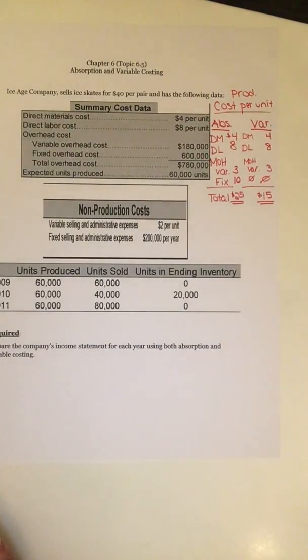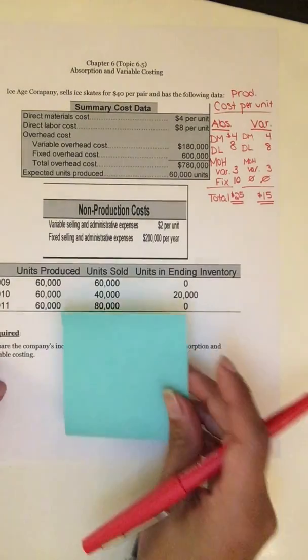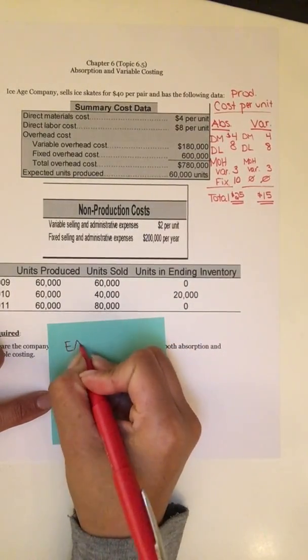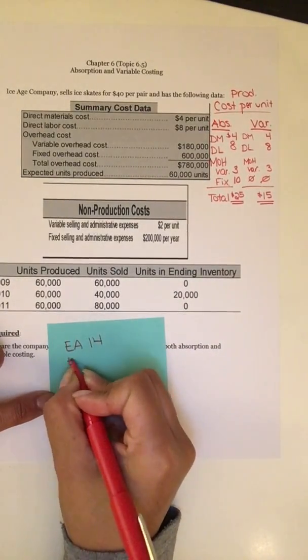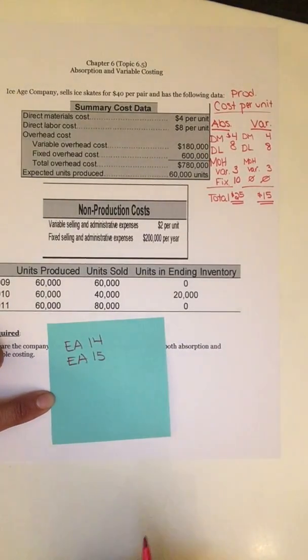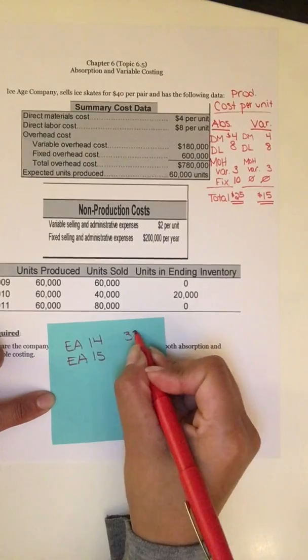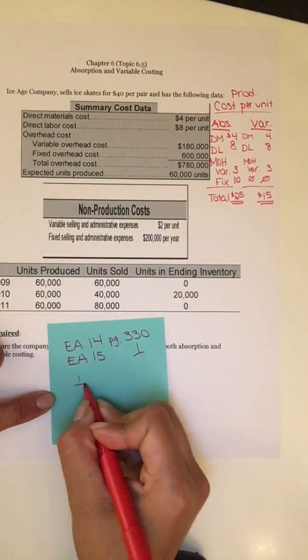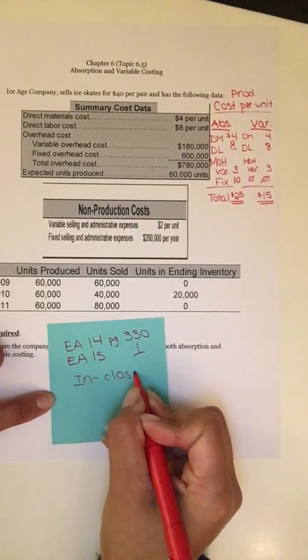So go ahead and try, for your in-class participation at the end of the chapter, EA 14 and then EA 15. Both are on page 330. So this will be for your in-class.